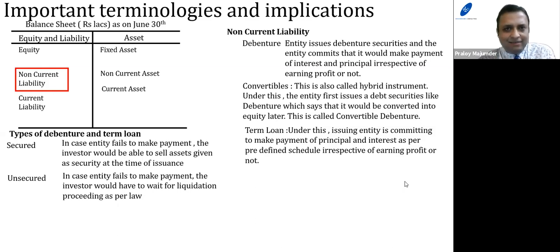In this case, if I default, the bank cannot take my office. So the bank has to plead to the court. The court will decide, and then so many unsecured lenders are there, all come together, and then they will be winding down the company, and from that the payment will take place. So it is very important for the unsecured lender.